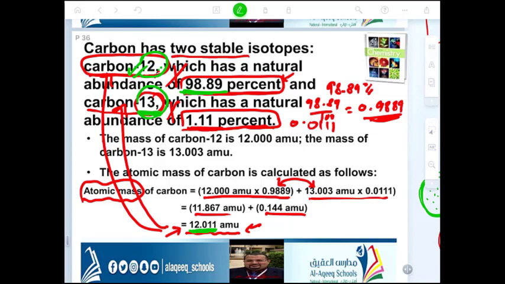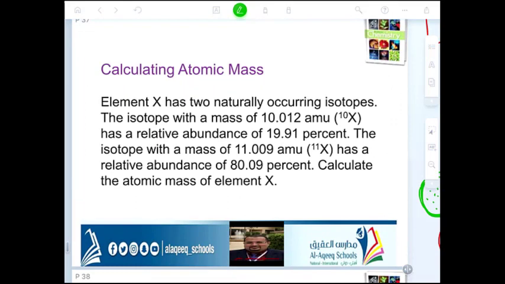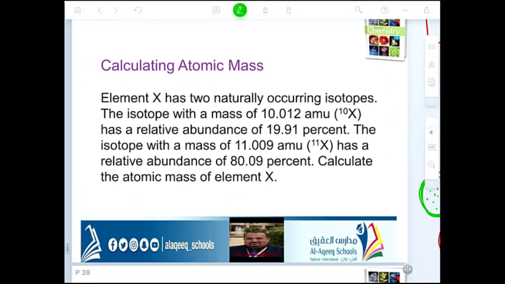Listen to this. Look at this example. Element X has two naturally occurring isotopes. One of them has mass 10.012 amu, and the percent is 19.91%. The other isotope has mass 11.009, and its percent is 80.09%. Calculate the atomic mass of this element. It's so easy.